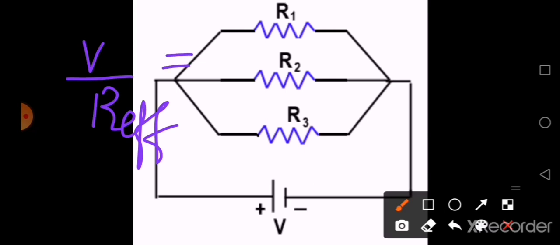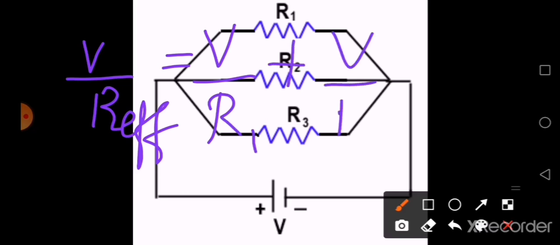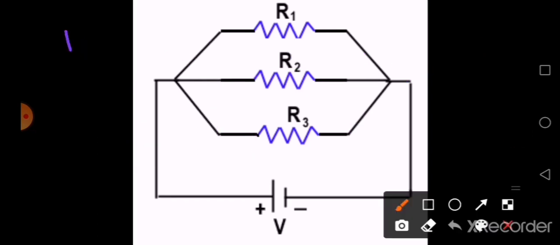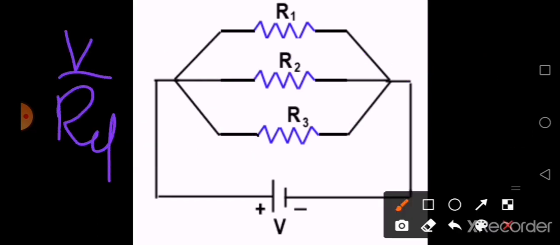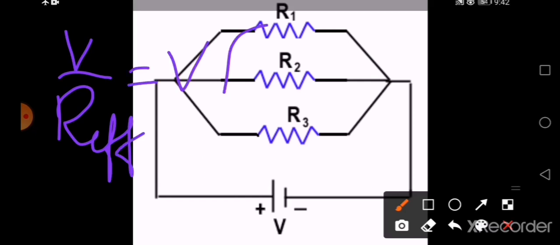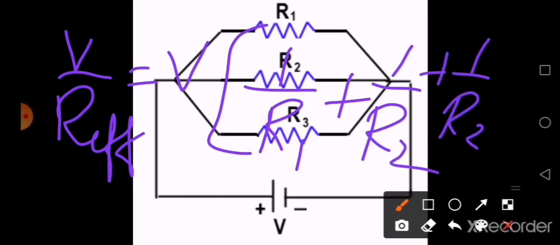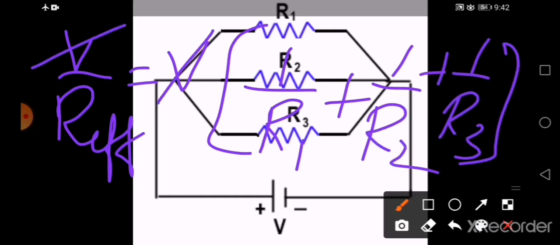First one, V by R1 plus V by R2 plus V by R3. Okay. So V is the same. V you can take common. When you take that V common, what you will get? V by R effective will be equal to V times 1 by R1 plus 1 by R2 plus 1 by R3. Now this V and this V will get cancelled, isn't it?